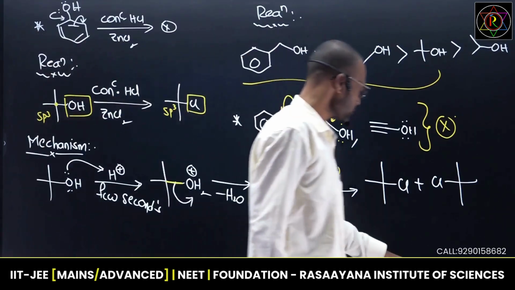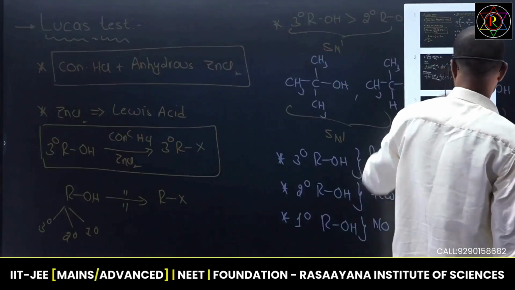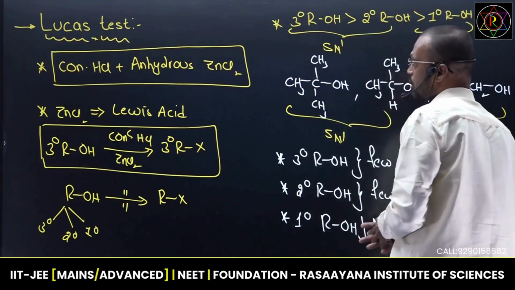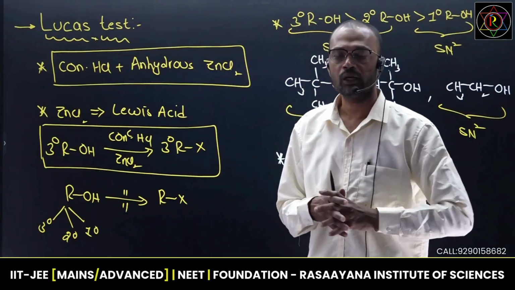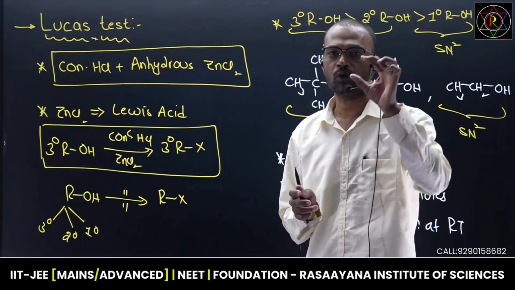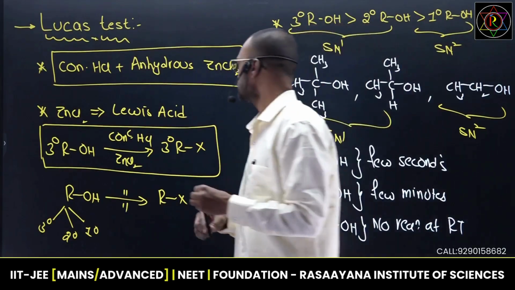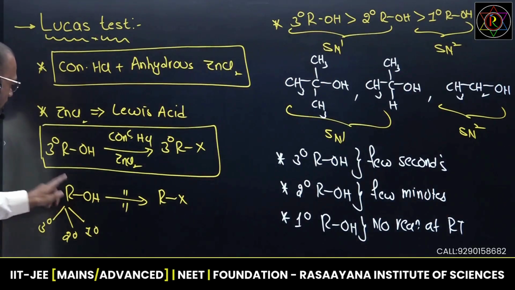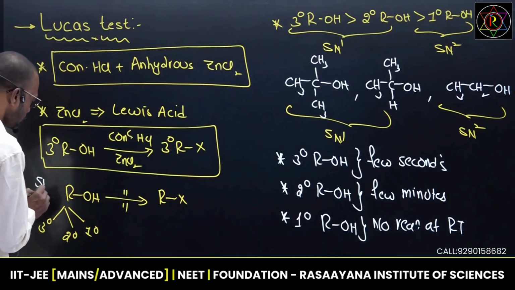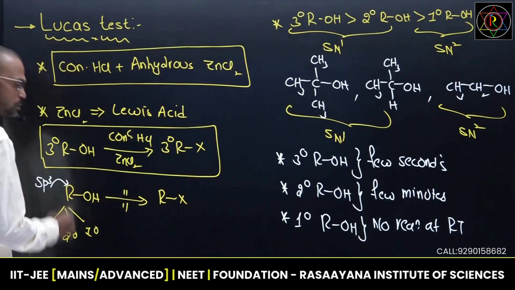Now see this. Make a short revision. What is the Lucas test? The Lucas test is a qualitative test for identification of saturated alcohols, in which the hydroxy group attaches to an sp3 carbon only. Remember, the key point here is that the alcohol always attaches to an sp3 carbon. It should not be attached to anything other than an sp3 carbon.